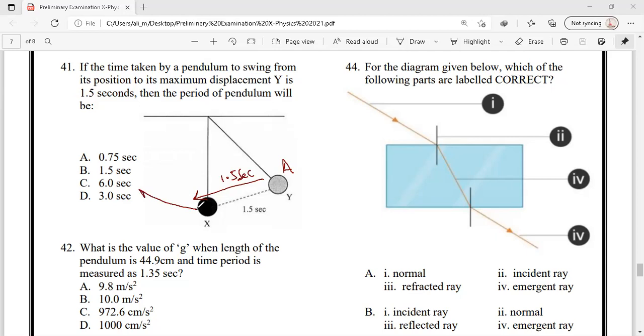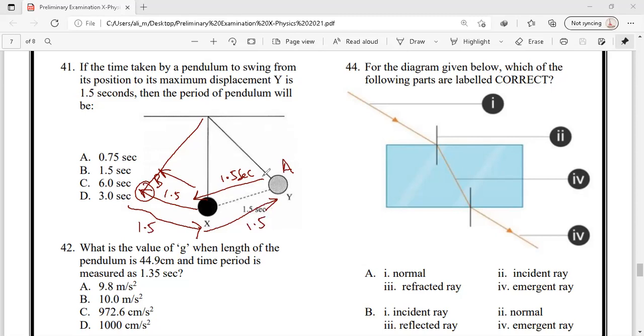Then it moves to point B, the other extreme position, and it takes 1.5 seconds to move to this point. Once again, this pendulum will move back through the mean position and to point A. In each case, it will take 1.5 seconds.